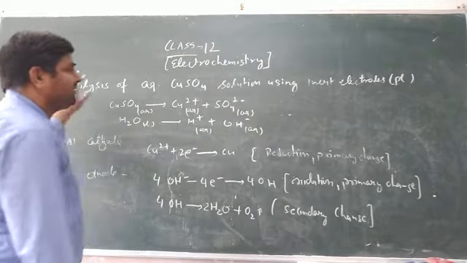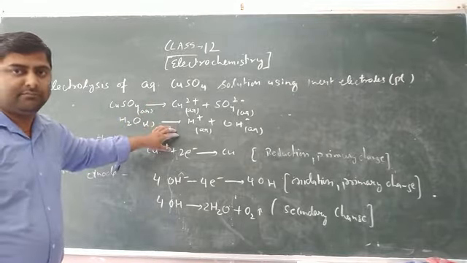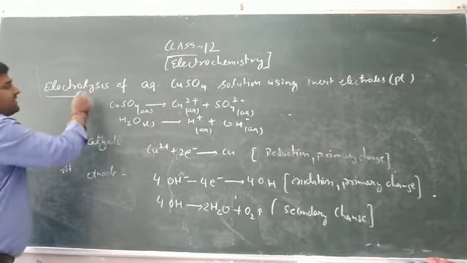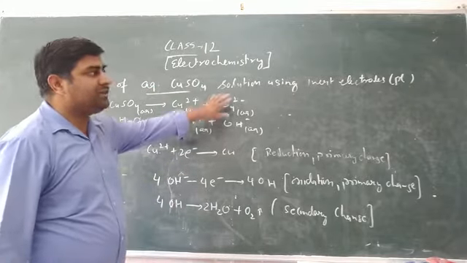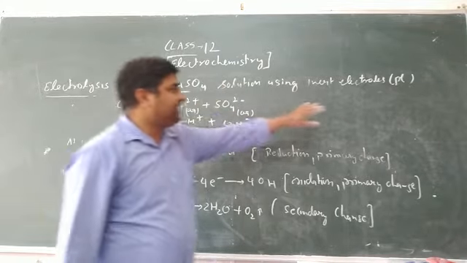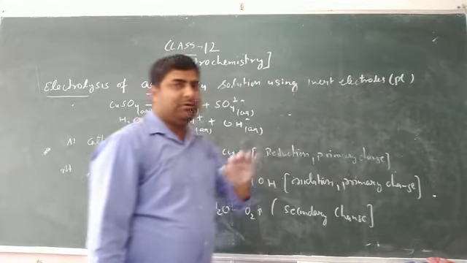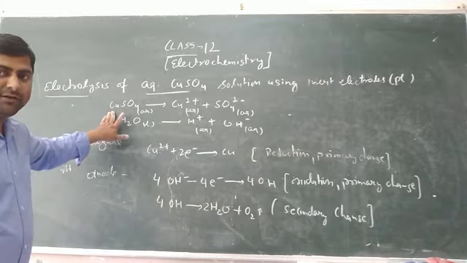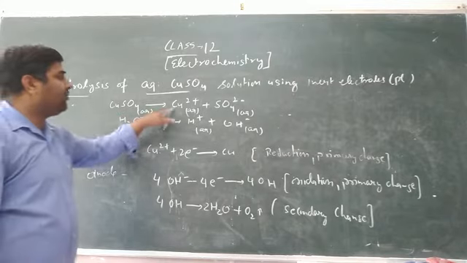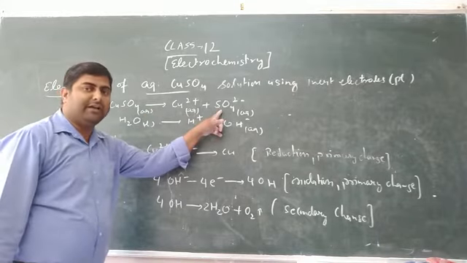Now let us see the last example, that is electrolysis of aqueous copper sulfate by using inert electrodes like platinum. Again, in the same way, it's an aqueous solution. Copper sulfate dissociates, it forms copper ions as well as sulfate ions.